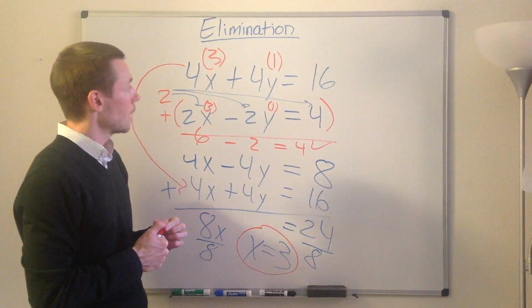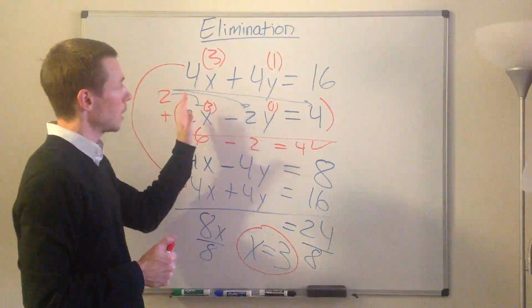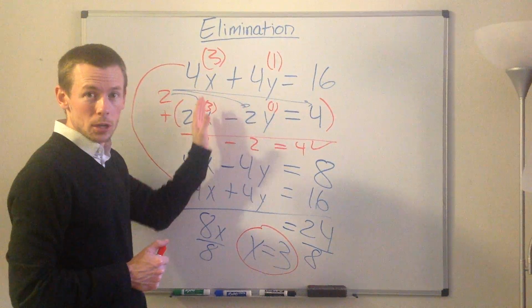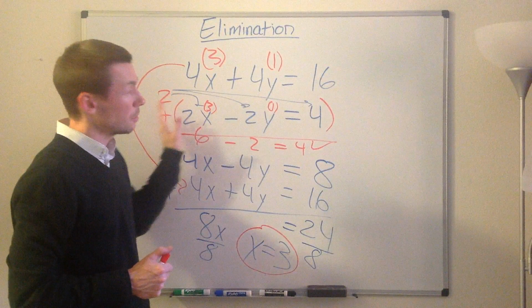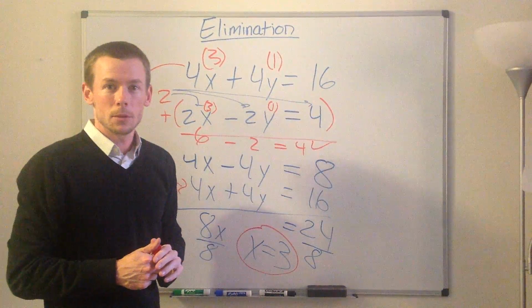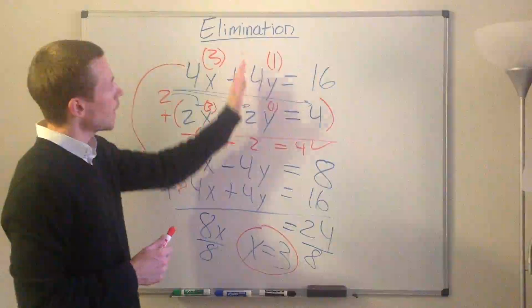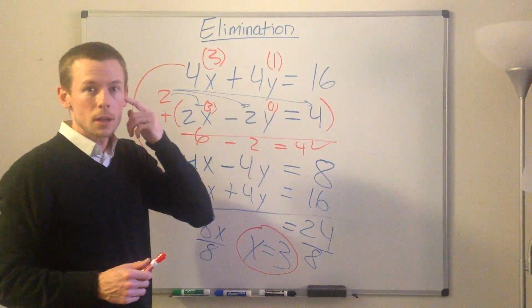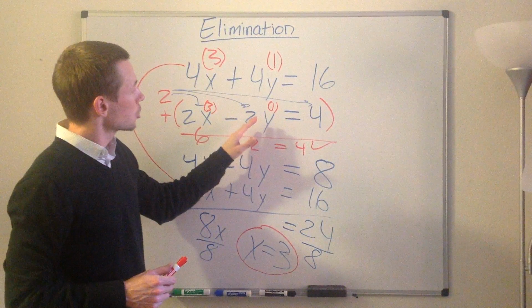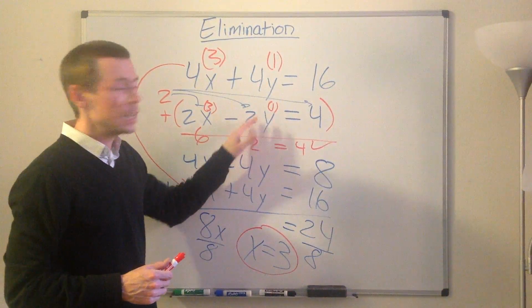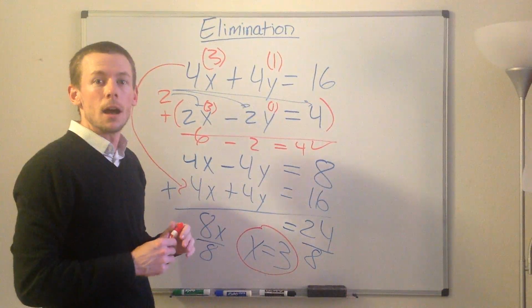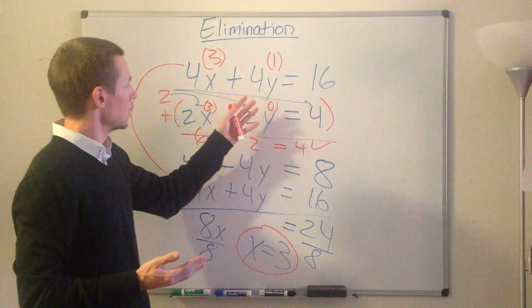So notice there may be certain times when you have to multiply either the top, the bottom, or possibly both, which I'll show you here in a second, to make sure you eliminate one of the variables. Okay? If you don't have a variable set to eliminate right away when you add both equations, check the smaller number and see if it goes into the larger number of the other equation.